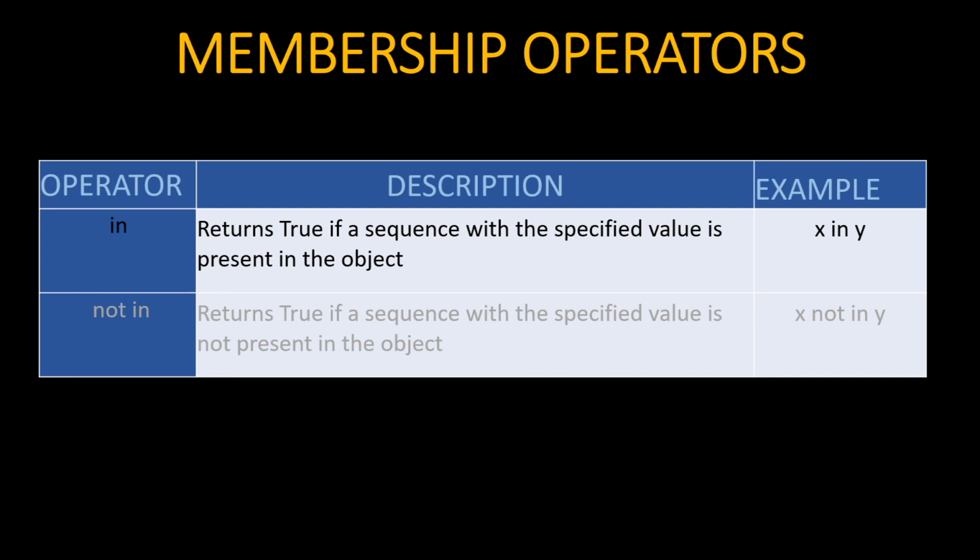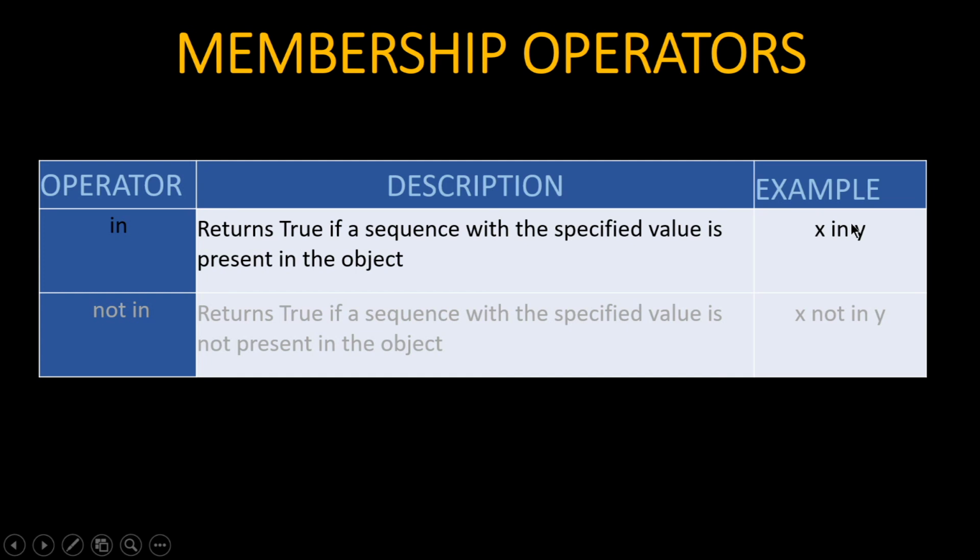Our first is the in operator, which returns true if a sequence with a specified value is present in the object. As you can see in the example, I have written x in y, where in is a keyword. So we can check if x is present in y.